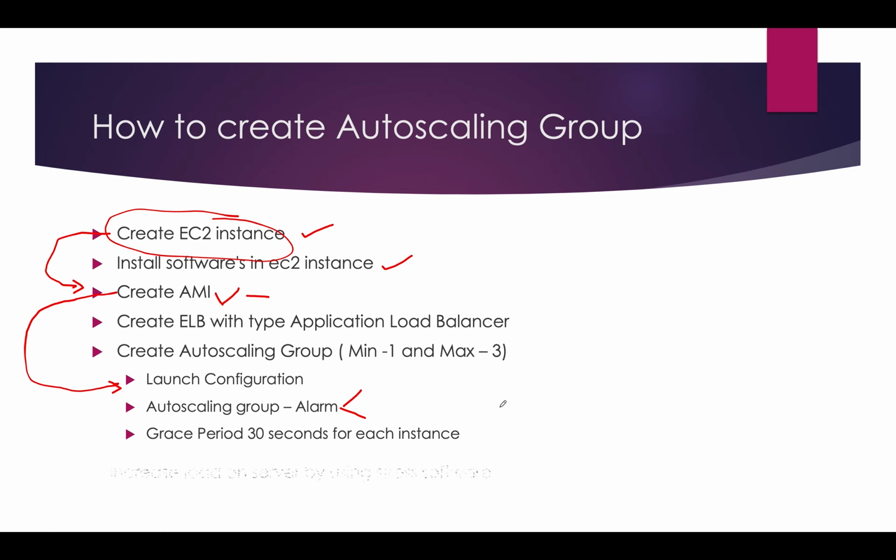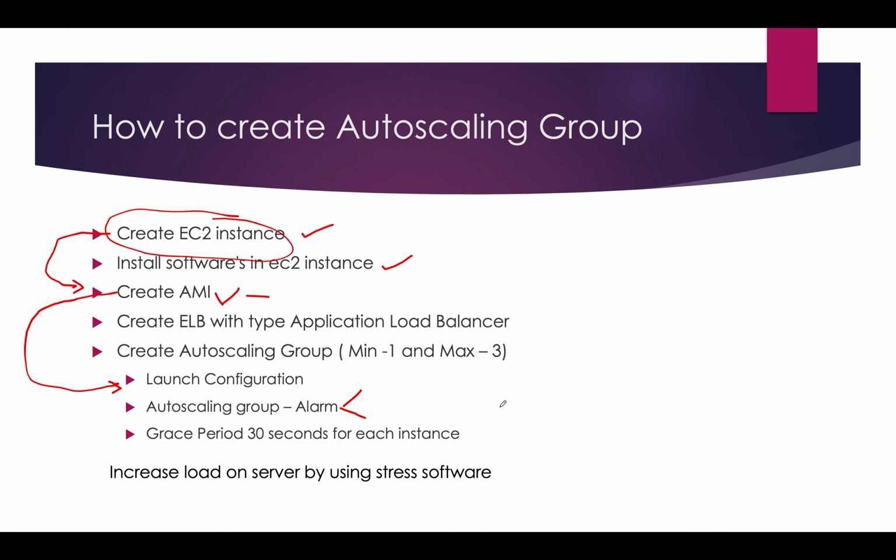Next, to increase the load on the server you need to use stress software. Earlier I already explained: you need to add a plugin and use a command. When you create the instance, the CPU utilization will be 0%. Whenever you use that command, with stress you are giving an 8 vCPU load at a time, for maybe 10 or 20 minutes.